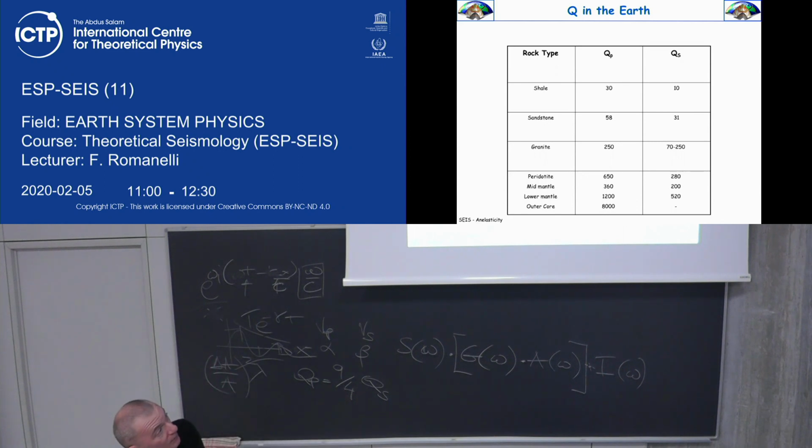Here, it's another number. It's a little bit lower. It's nearer to 9/4. What I'm trying to say is that for real rocks, QP and QS are different. QP is always larger than QS. Usually it's twice. For some rocks it could be 3 times QS. But on average, it's 9/4.